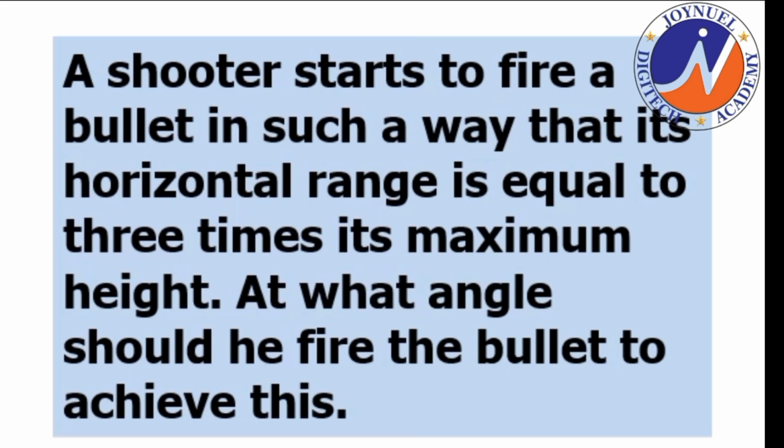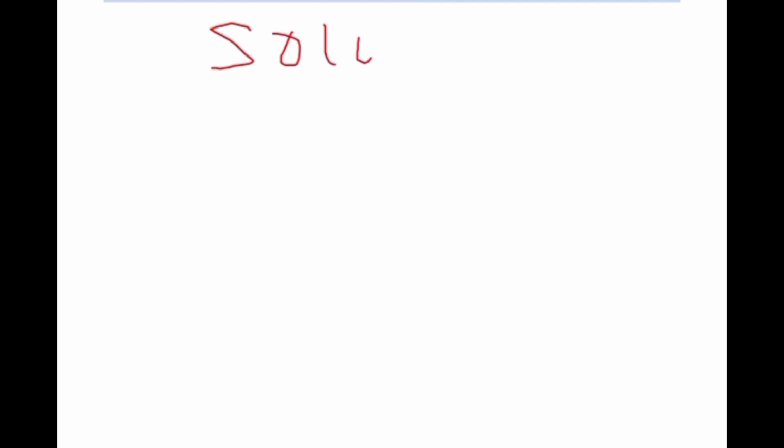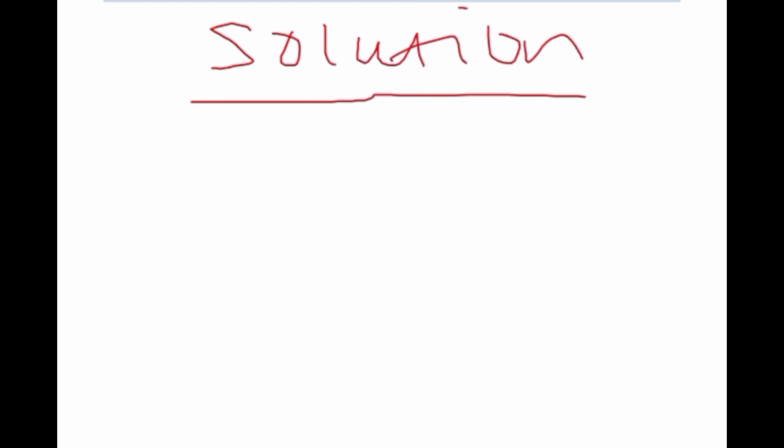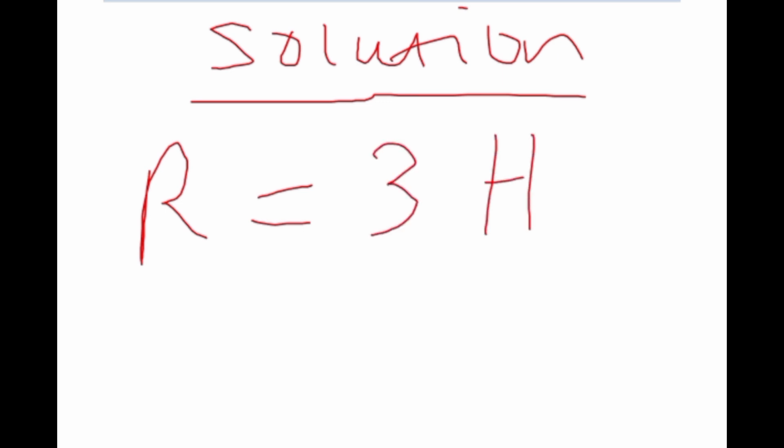Okay, let's write out everything we are given, then we'll think of what we are expected to do. We have the range. This is under projectiles. The range is 3 times the maximum height. So you are expected to know the formula for range.